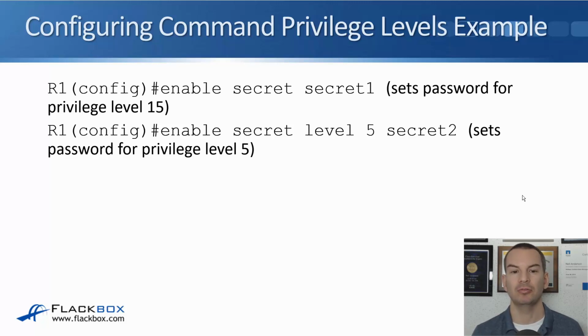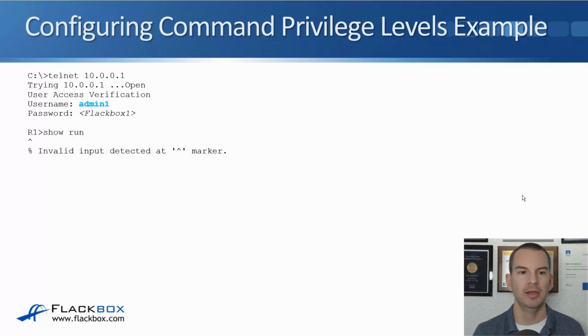Then we add an additional command, enable secret level 5, secret 2. So now, if somebody types in enable, and then they put in the password secret 1, they've got level 15 access. But if somebody enters the command enable 5 to get in at level 5 and puts in the level 5 password, they've got level 5 access.